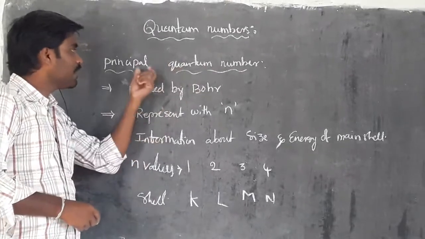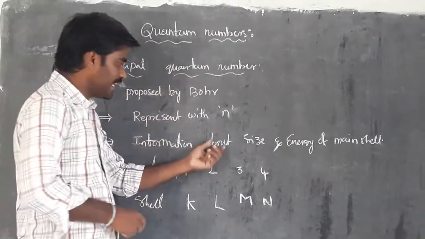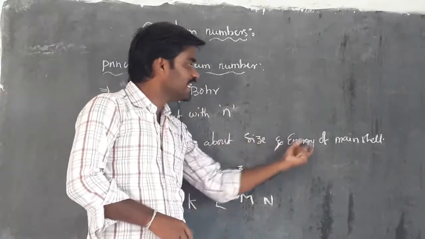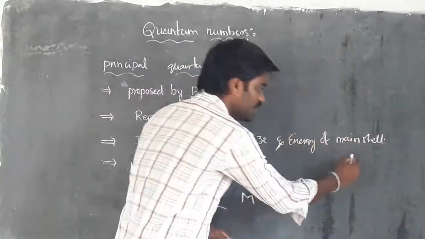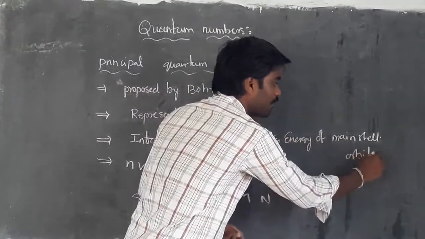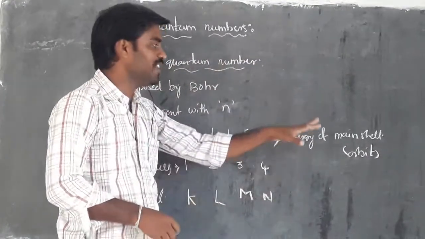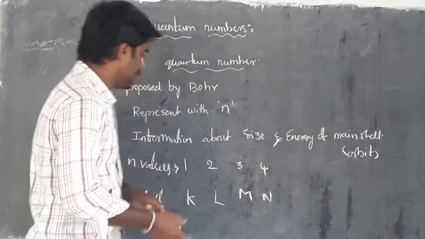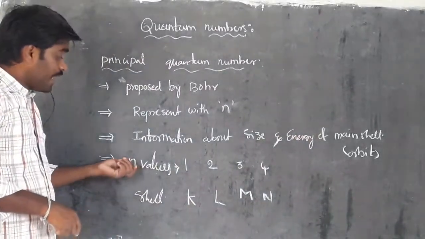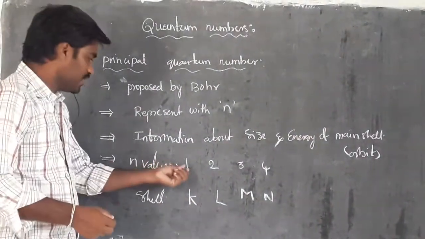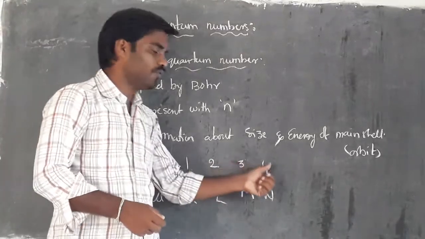The principal quantum number tells about the size and energy of the main shell, which we also call the orbit or stationary orbit. The n values are 1, 2, 3, 4.